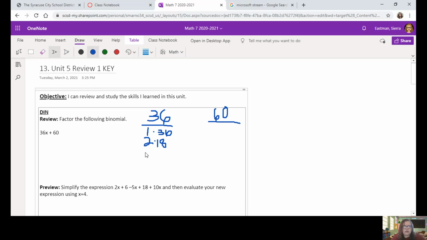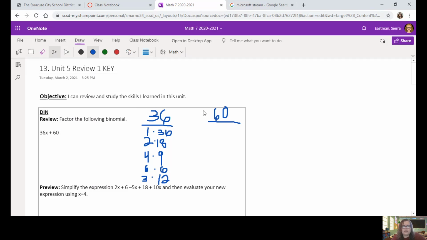Also 4 and 9, 6 and 6, I can have 3 and 12. And I believe that's all of them.